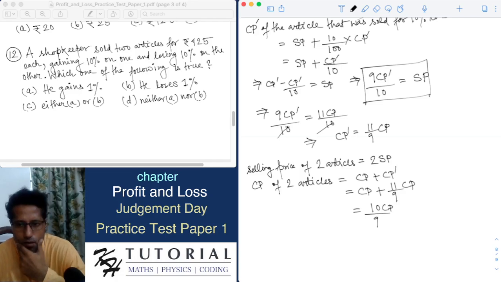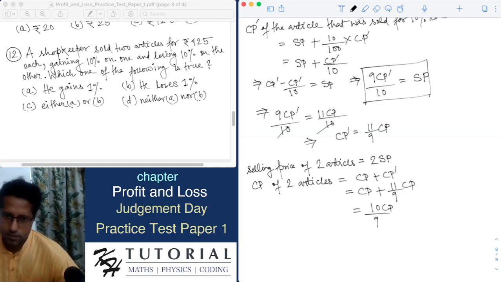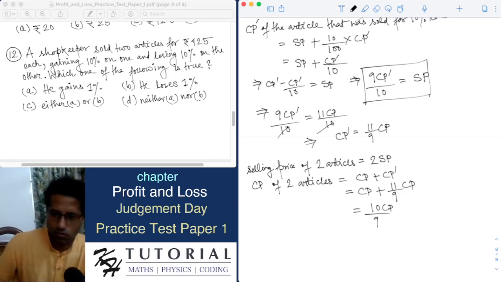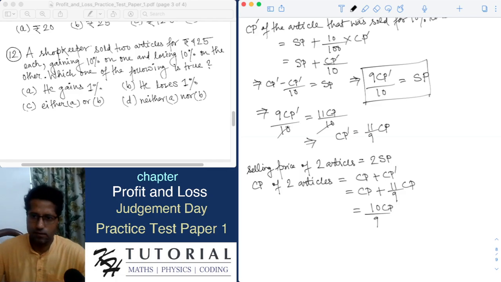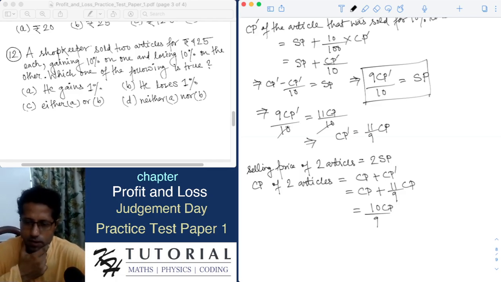We have to convert everything in terms of one variable, like either CP or CP dash or SP.